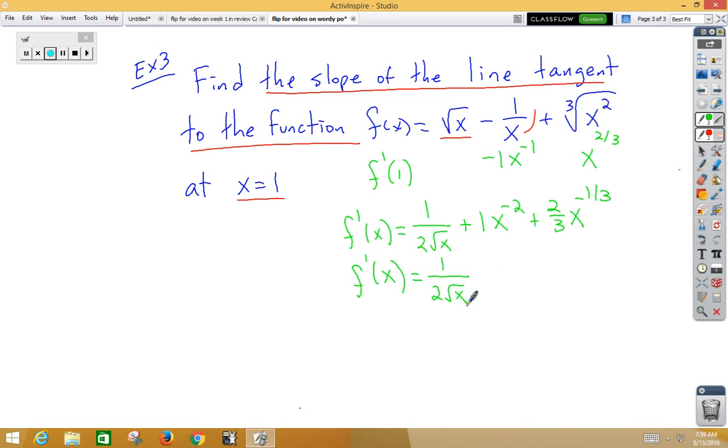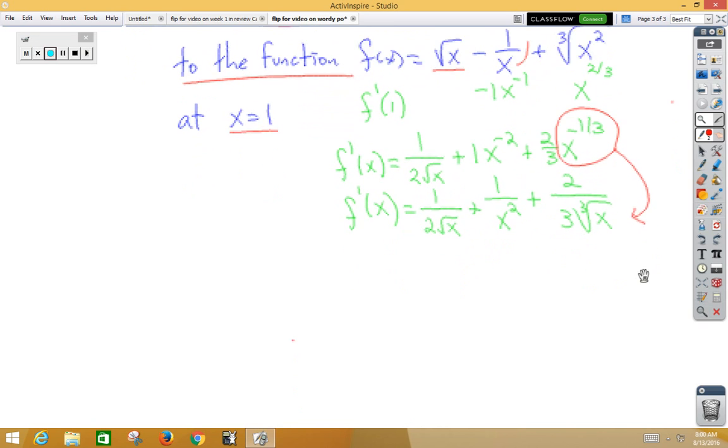My second term, I want to rewrite that by moving the negative exponent back to the bottom, which might make it easier to plug in the 1. And I'm going to do similarly to the third term, 2/3, so 2 on top, 3 on the bottom. When we move x to the negative 1/3 to the bottom, that becomes cube root of x.